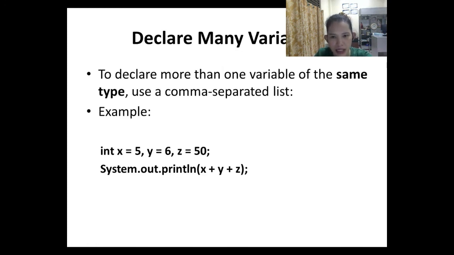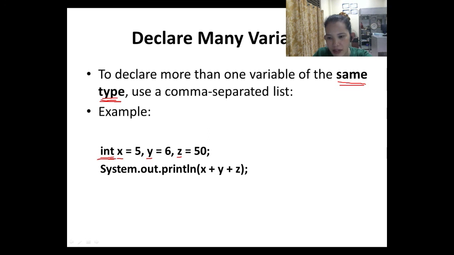Now, if you want to declare many variables, that is also possible. To declare more than one variable of the same type, it should be of the same type. If you want to declare in one single line a lot of variables, it is okay as long as they are of the same type. Just use a comma separated list. For example, we have x here, y here, z here in just one line, but they are all integers.